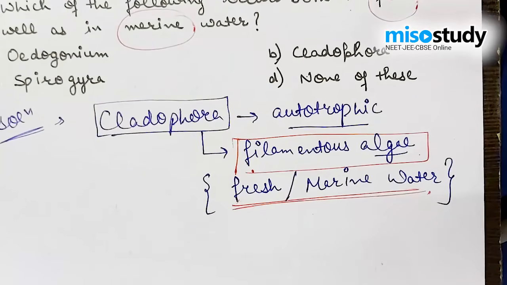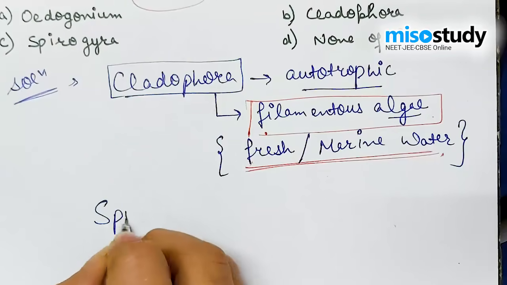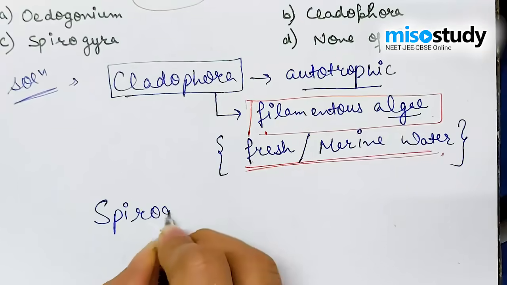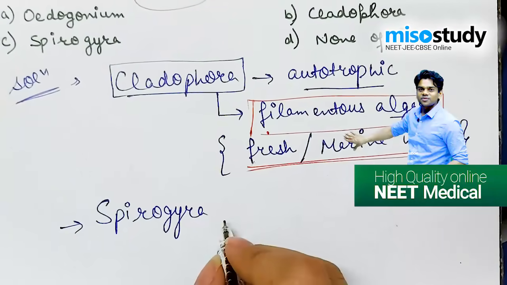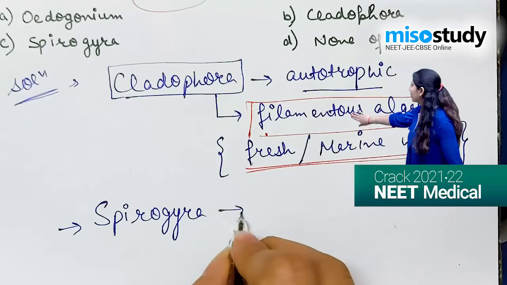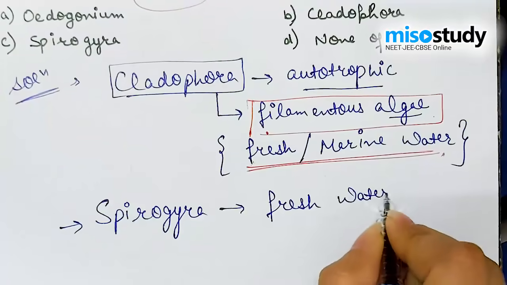When we discuss the other options, first we take Spirogyra. Spirogyra generally occurs in fresh water.